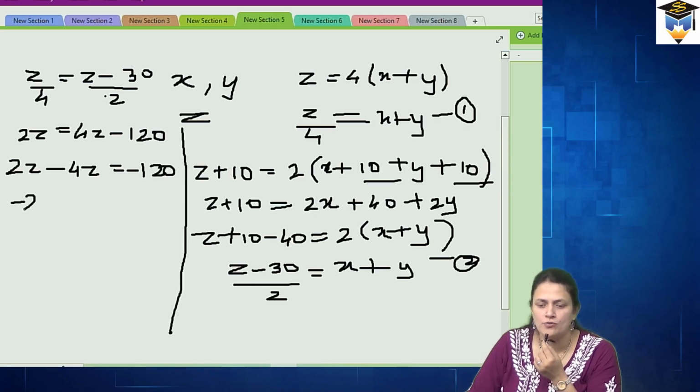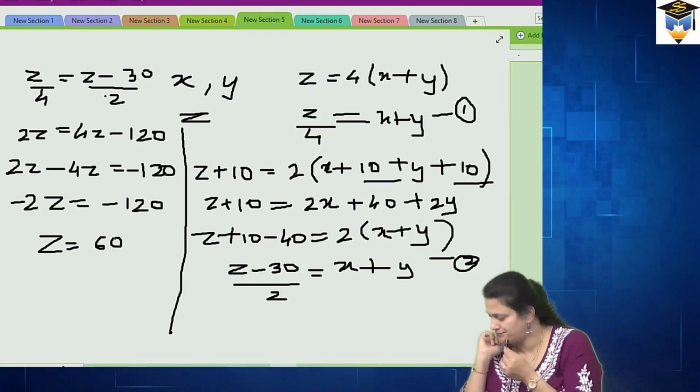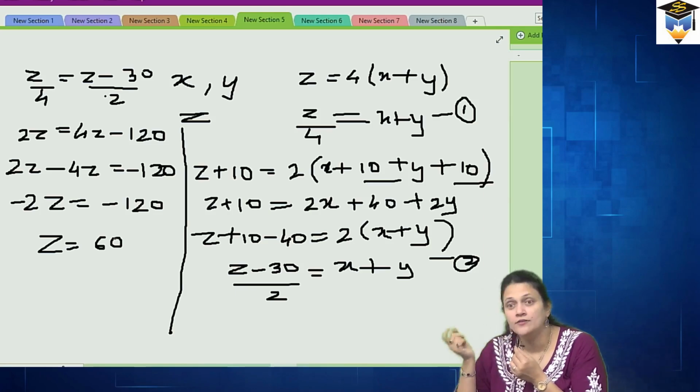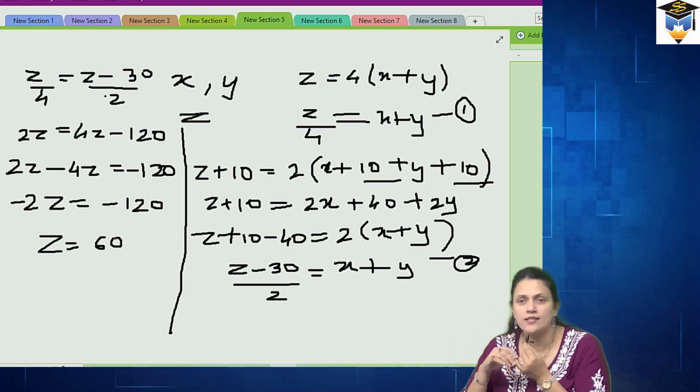So minus 2z is minus 120. So z is equal to 60. Minus 120 upon minus 2, answer is 60. Understood this sum? Option C is the correct option.